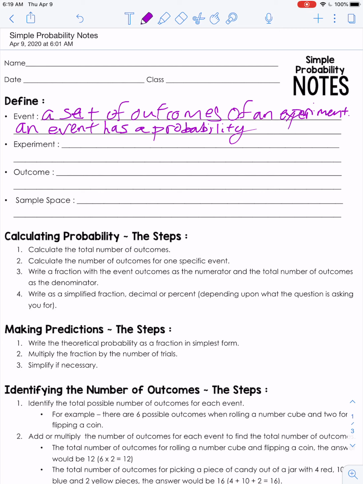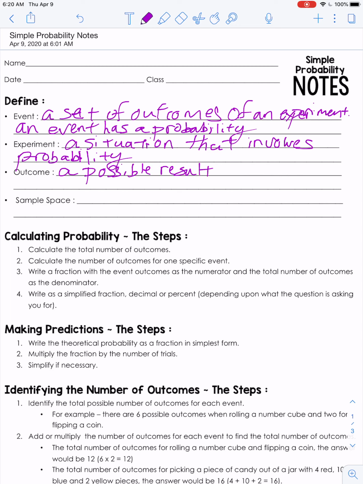An experiment is a situation that involves probability. An outcome is a possible result of a probability experiment.